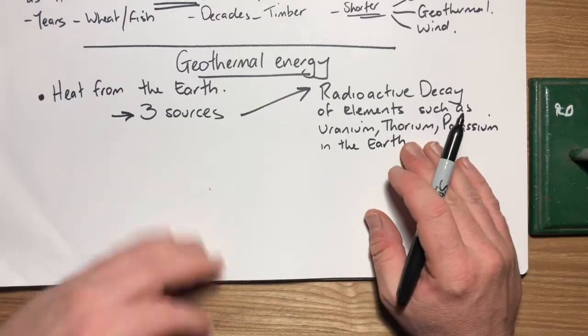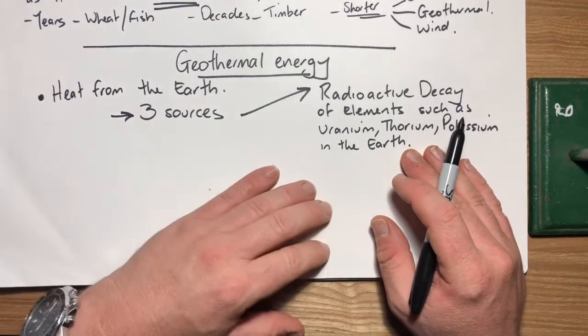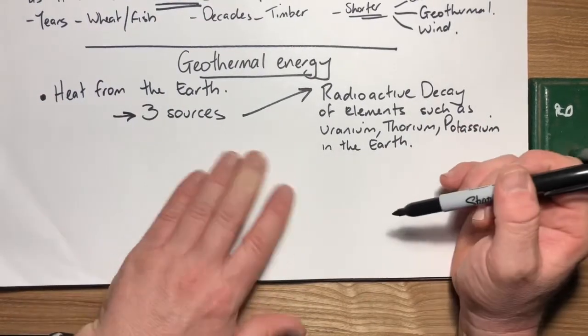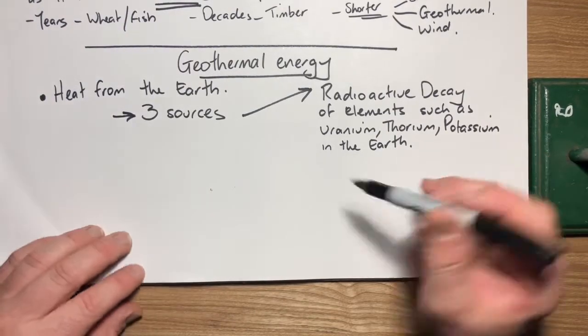As these elements break down and decay from parent into daughter isotopes, they release heat, and that generates heat within the Earth.